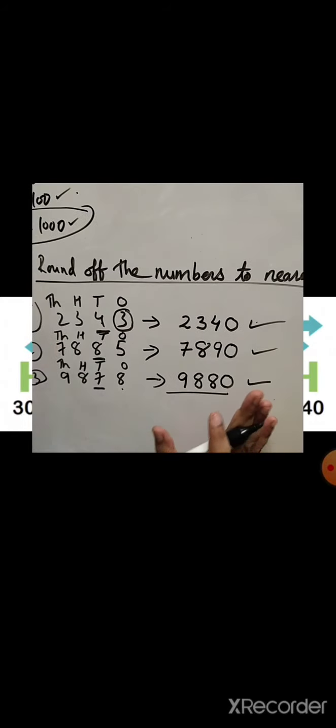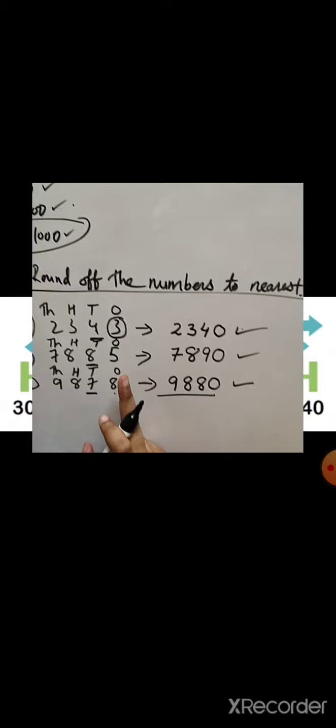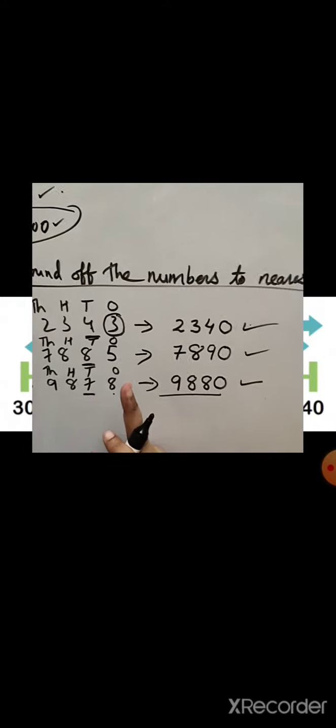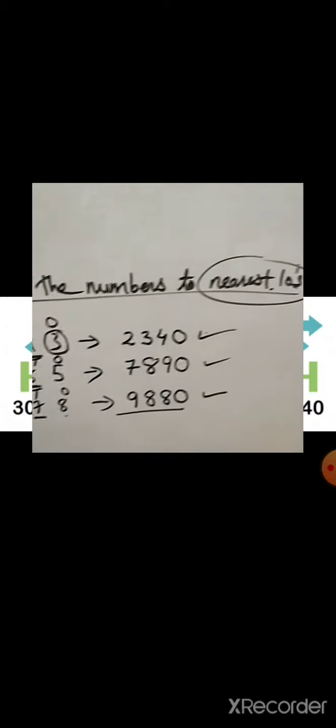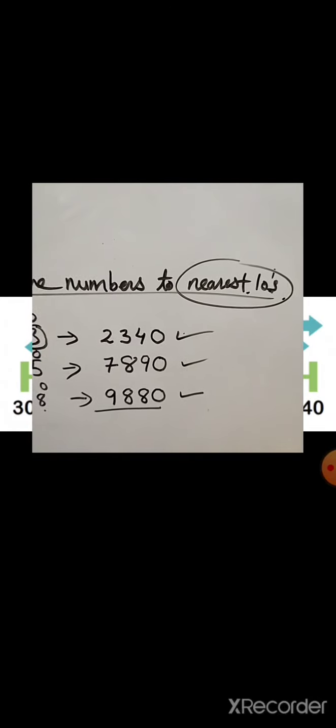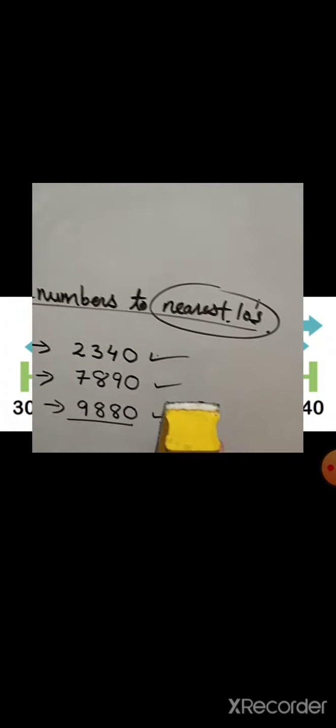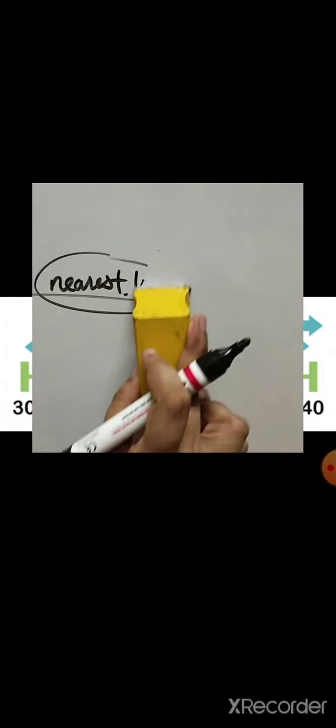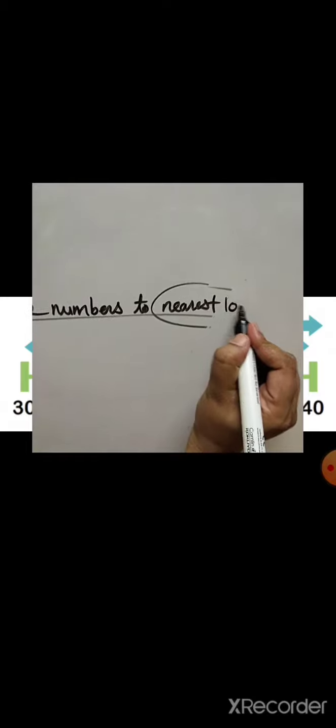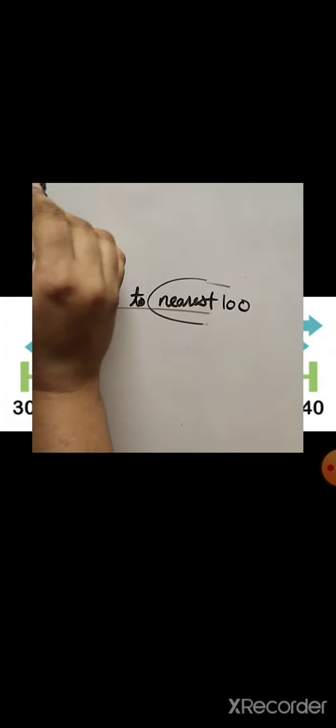Now with the help of same examples, I will show you how to round off the numbers to nearest hundreds. This is nearest tens. Now I'll show you with the same examples how to round off the number to the nearest 100. The rule remains the same. What is the rule? Let us revise the rule once again.